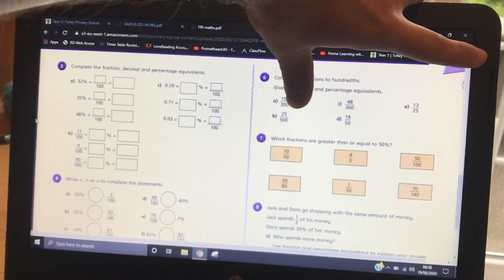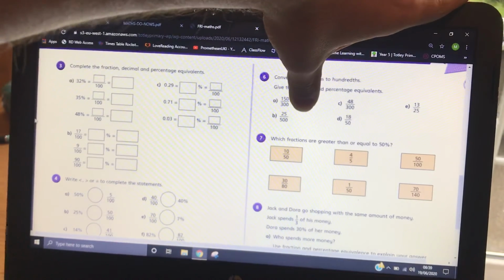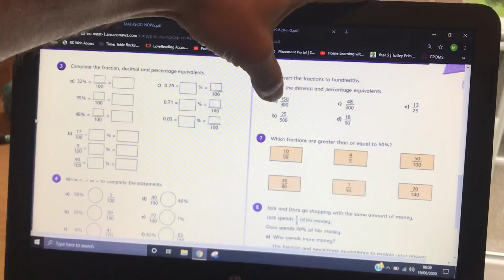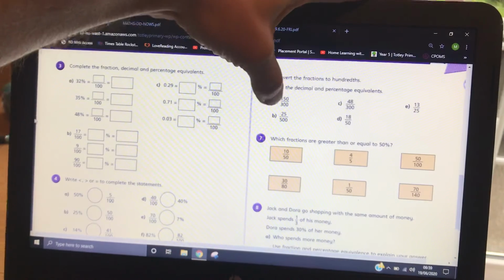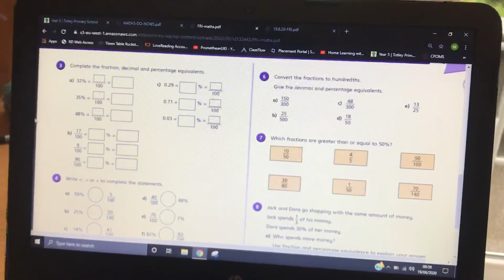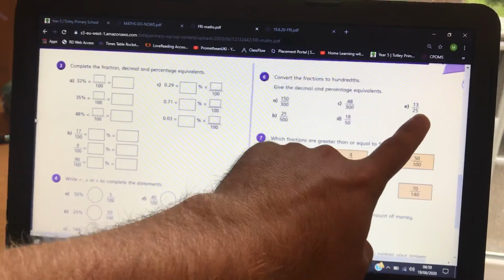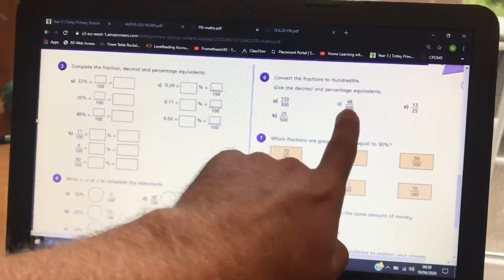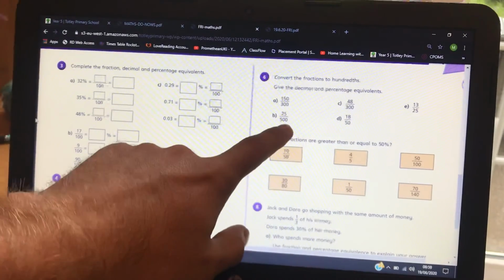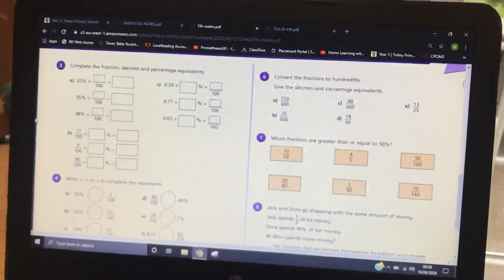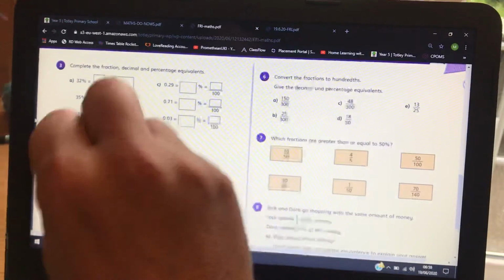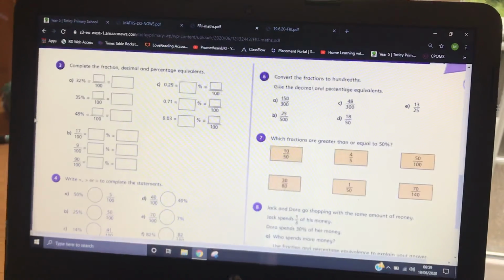I know that's 5. Put the 0, that's 50. So that first one is going to be 15 over 100. That's then very easy to work out. That one there, you just double. So that one there, you just times by 4. You've got another divide by 3 there, and that one divide by 5. So it looks really complicated, but just get them to 100 and then you can work it out.